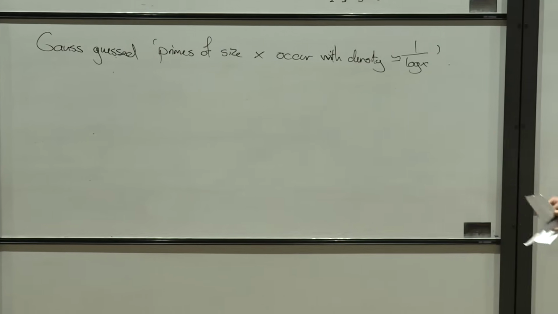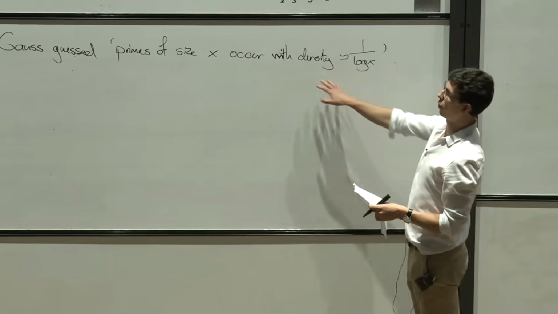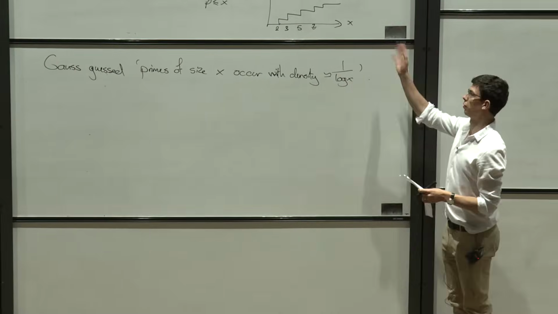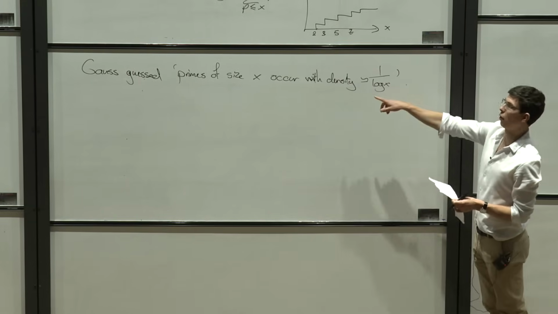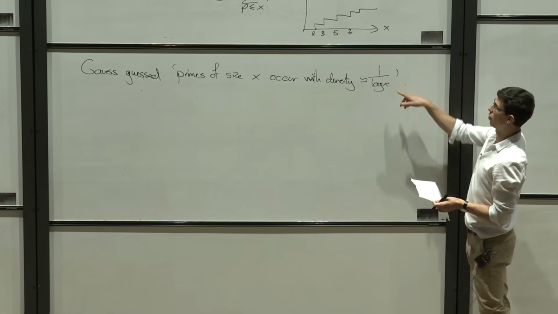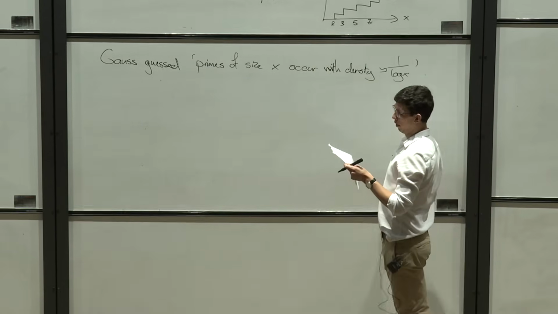So he was just looking at tables and tables of primes, and if he was looking at many primes of size roughly 1 million, he thought that the density of those primes within all integers looked like roughly 1 over log 1 million. Similarly, if you're looking up at a billion and so on.